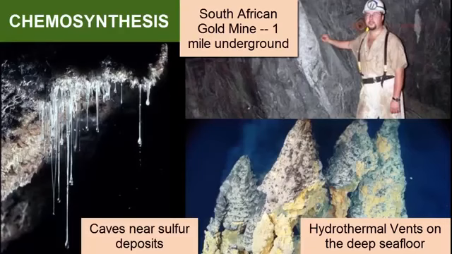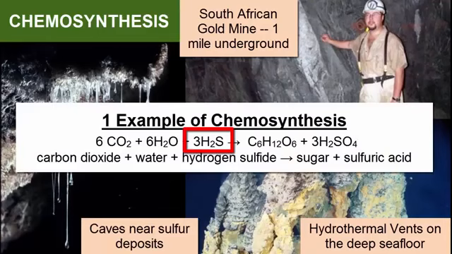We see chemosynthesis happening today in a number of dark locations, including deep and underground mines, at the bottom of the sea floor where gases seep out of cracks and sediments, and in caves near sulfur-rich mineral deposits. In all these locations, autotrophs use energy to combine surrounding ingredients and form sugars. Any of these locations could have been the cradles in which early life formed on Earth.